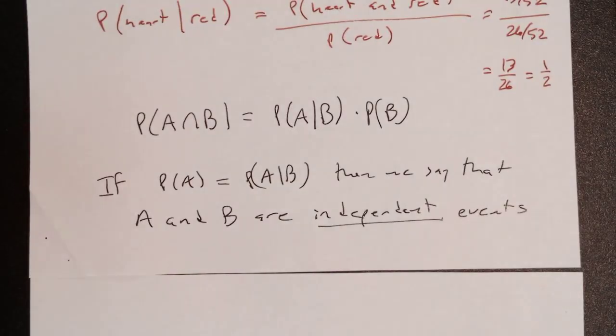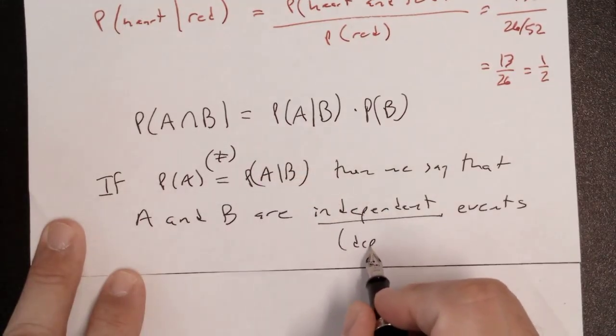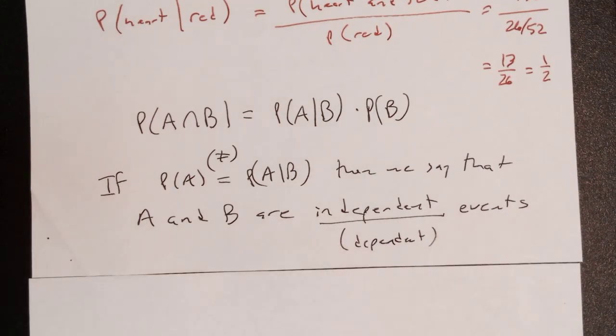This is not cause and effect. This is just to say the probability is unaffected. It's just a probability. And the other way around, if those two are not equal, then we call the events dependent. Determining what is independent and what is dependent is, in this case, just the study of the probabilities.